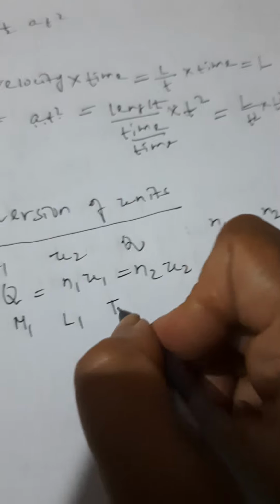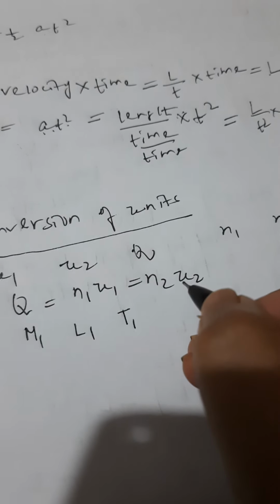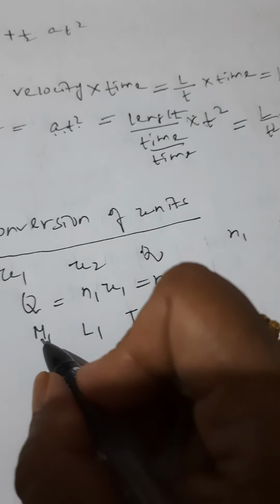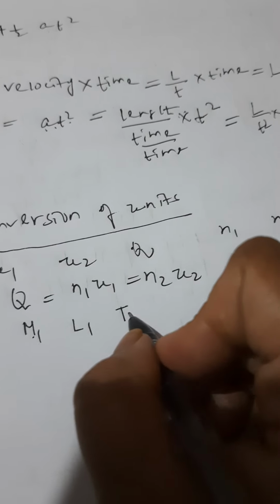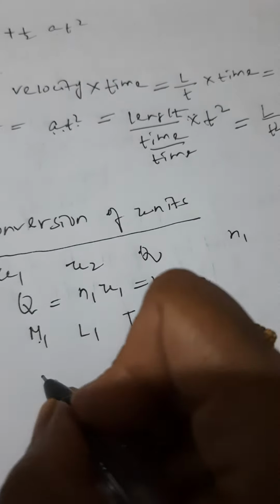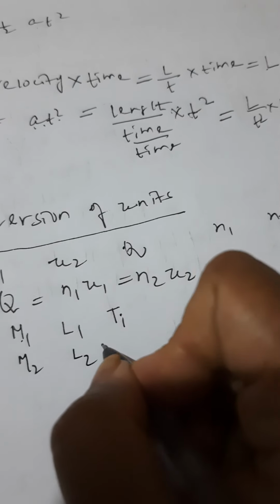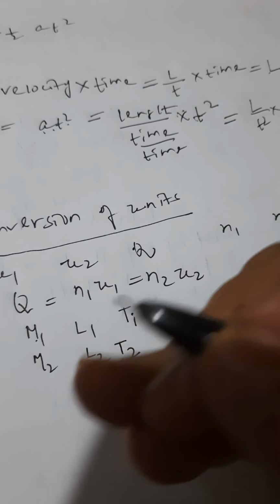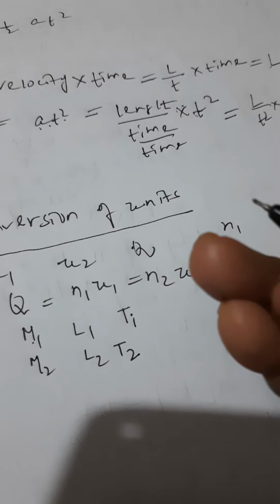Let us consider M1, L1, T1 as the sizes of the fundamental units of mass, length, time in one system. Likewise, M2, L2, T2 be the corresponding units in another system.